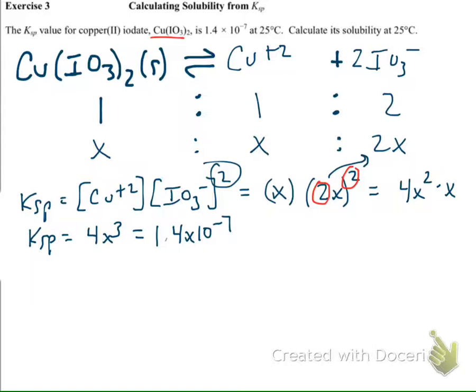If we want to solve for x, we can do a couple steps in a row here, dividing by 4, taking the cube root, and I'll write this as x equals the cube root of 1.4 times 10 to the negative 7th over 4.